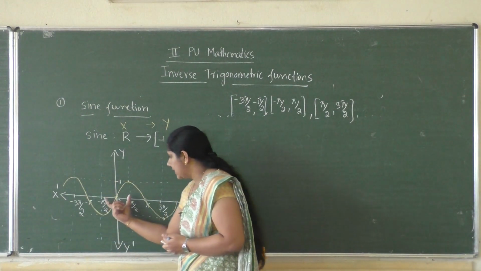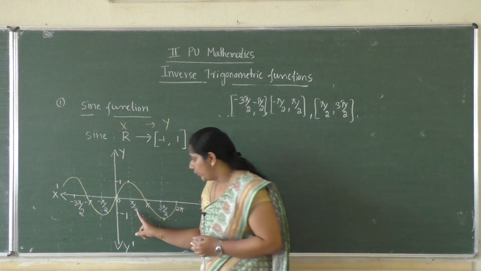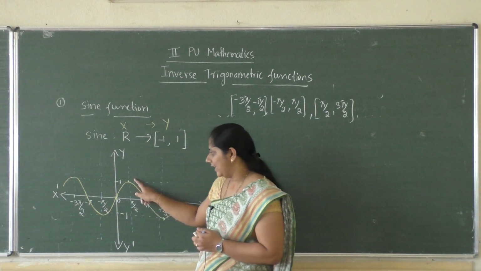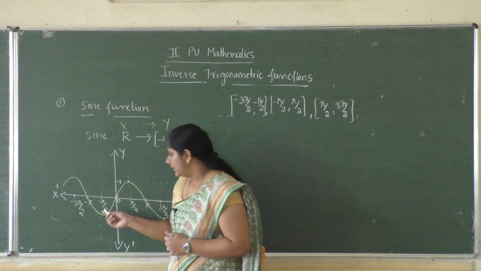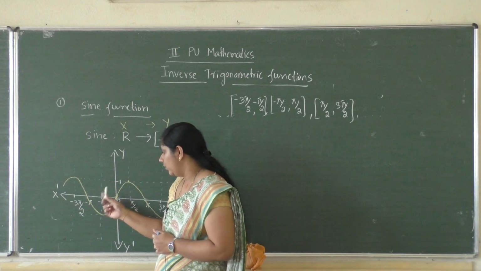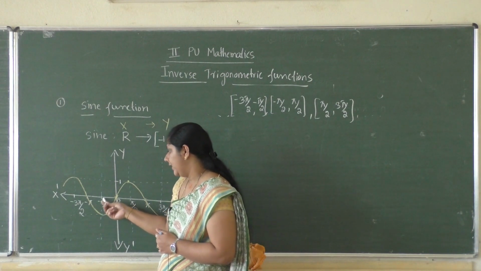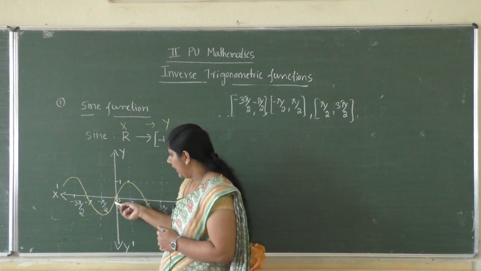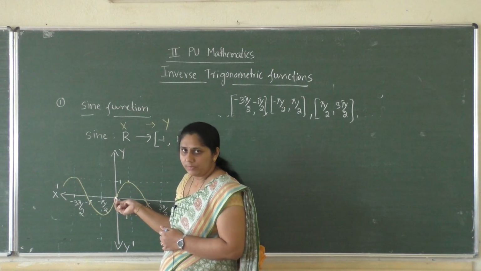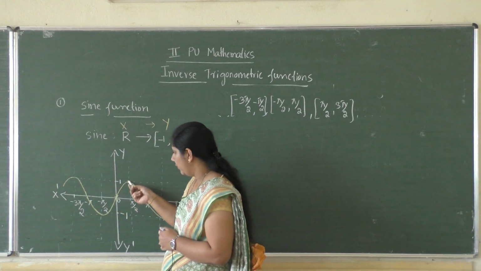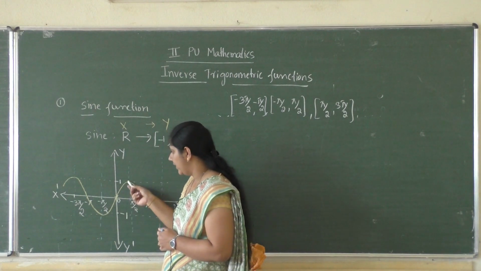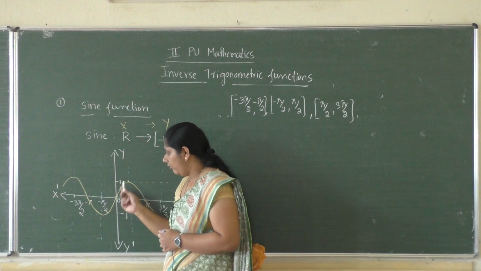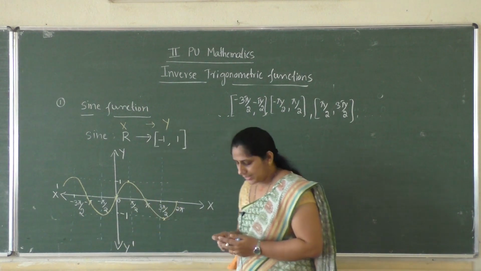See, in the interval minus pi by 2 to pi by 2, just see the graph of sine function. When the angle is minus pi by 2, the value is -1. When 0, sine 0 is 0, and sine pi by 2 is 1. There is no repetition in the values, right? So the one-one definition will be satisfied here.